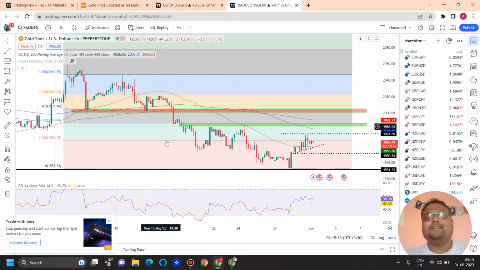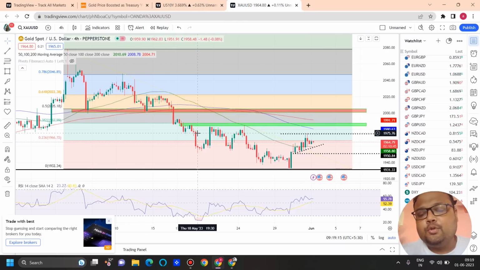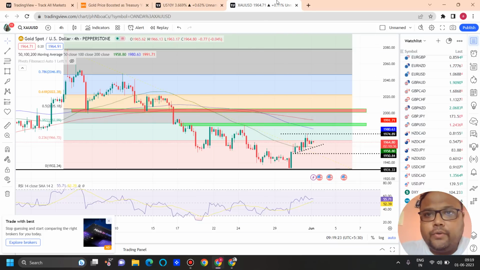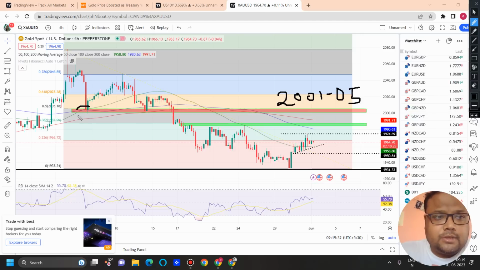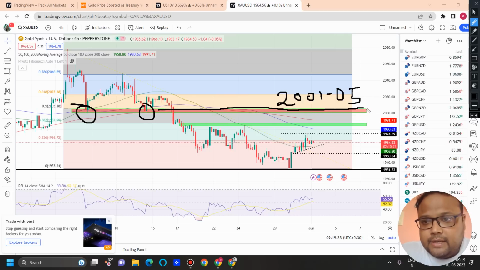So first of all, we have two strong resistance levels on the chart of gold, where a good amount of strong sellers are present. First of all, we have 2001. We have 2001 to 2005 as the strongest resistance because of previous support around this area, as well as the FIBO 50% retracement level.